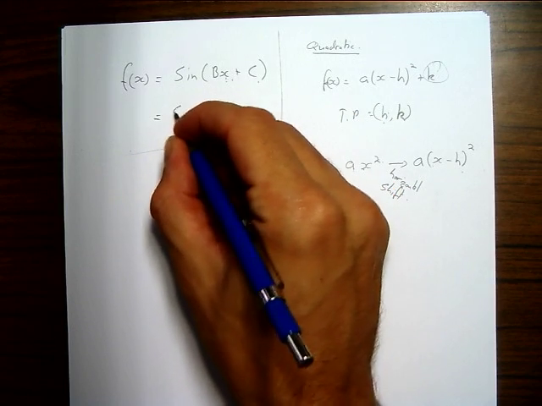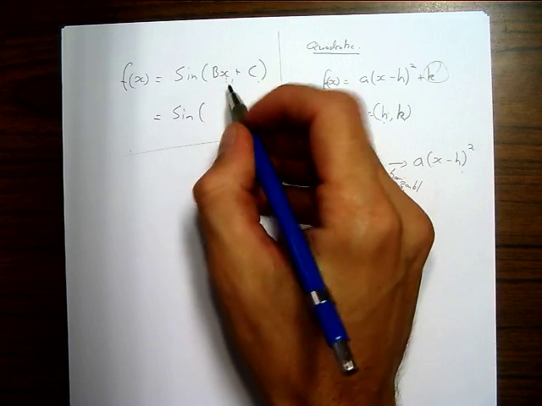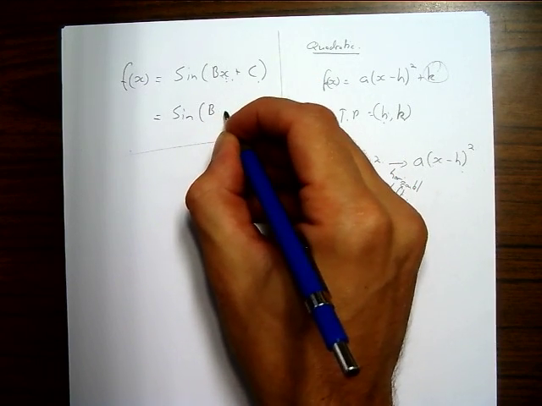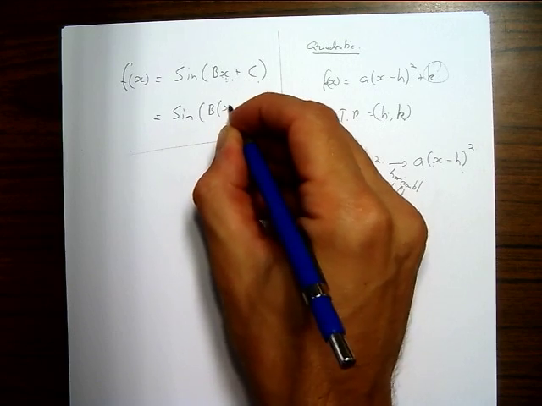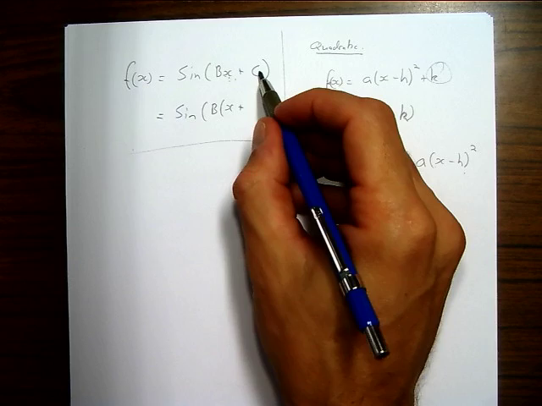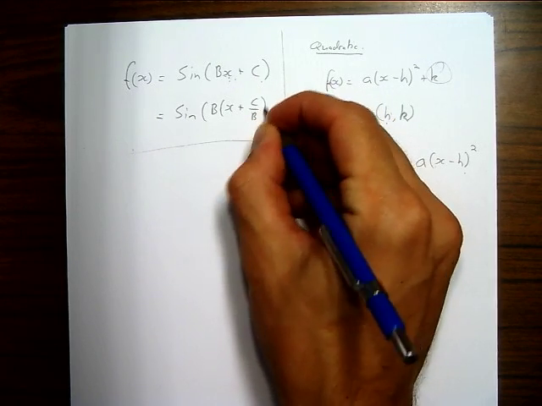So I have sine, and if I factorize, I take out the b, because I want the x by itself. Then I also have to take b out of the c, so really I have c divided by b.